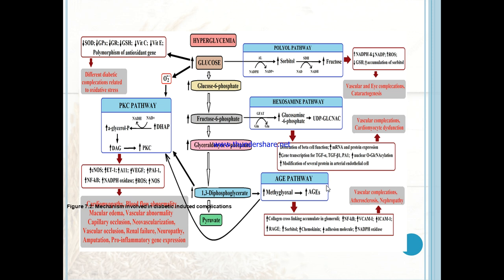In these particular cases, what we can observe is that if there is more generation of AGE, then there is an increase in collagen cross-linking and accumulation in the glomeruli, and again different inflammatory and pro-inflammatory mediators are involved, which is again involved in different vascular complications. This is mainly occurring because these are advanced glycation end products.